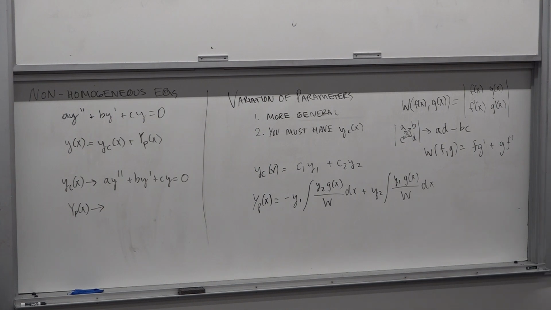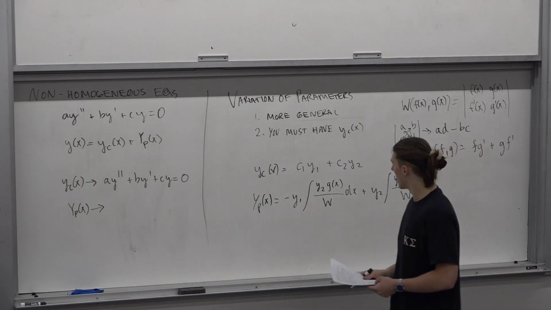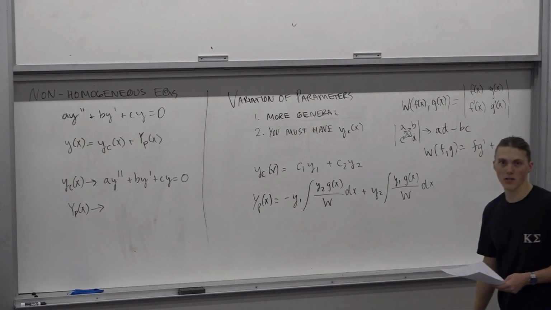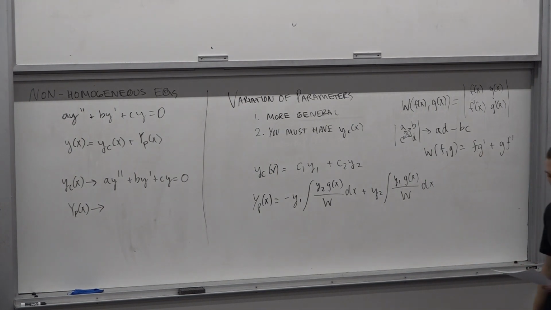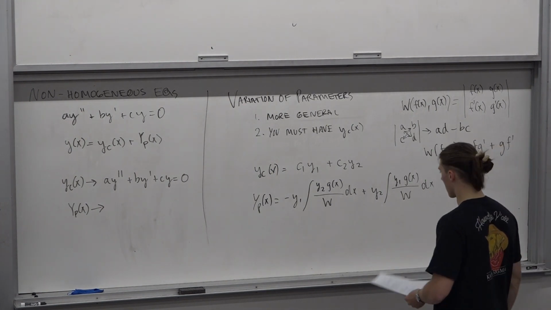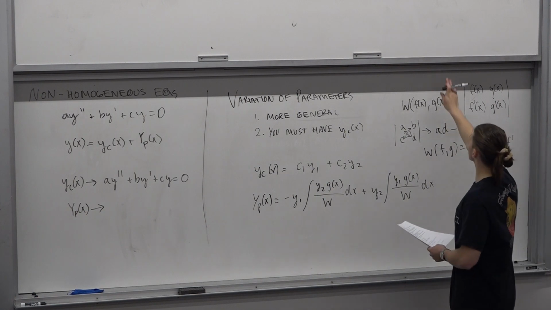So this is what we need to know for variation of parameters. It is a bit complicated, especially when the integrals get difficult, but let's try some examples.